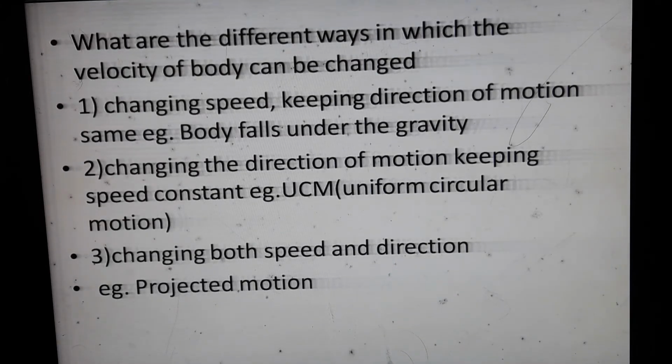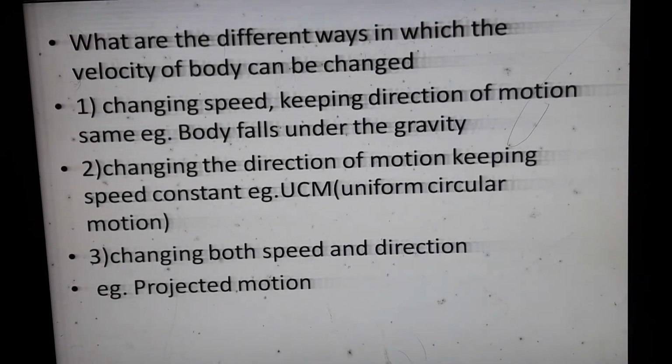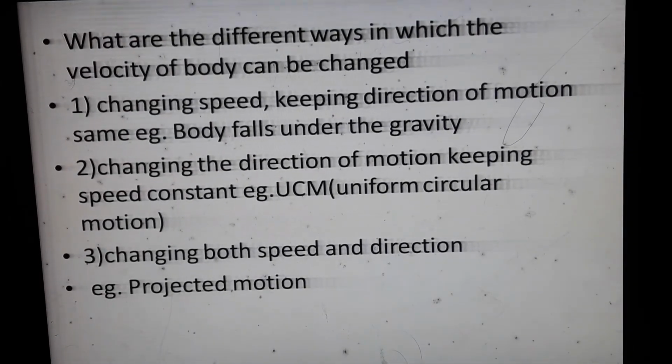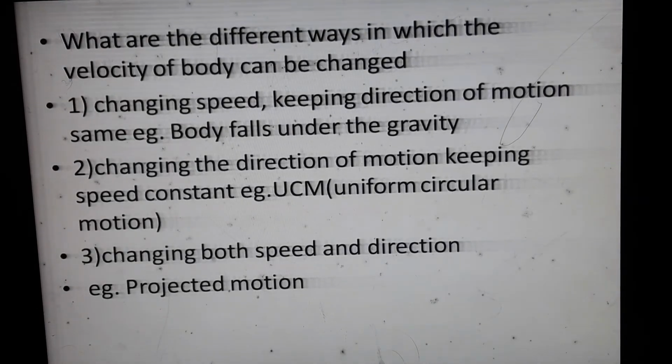Second condition: changing the direction of motion, keeping the speed constant. Now it occurs in the case of circular motion, especially uniform circular motion, that is called UCM. It is possible whenever the object travels in circular motion with constant speed. The speed remains constant, 30 km per hour, speed is the same, but the direction changes in circular motion.